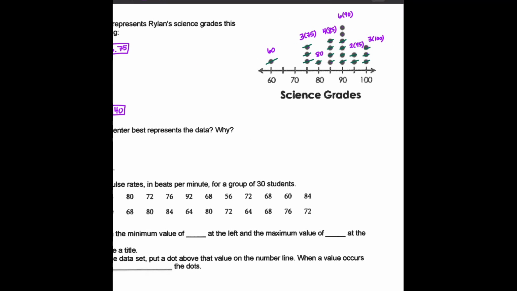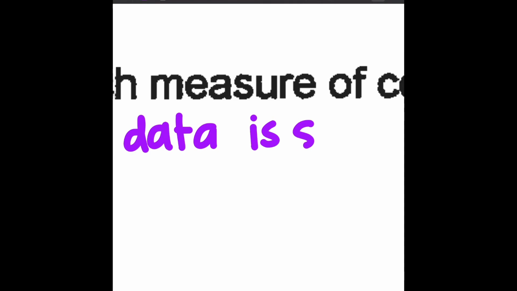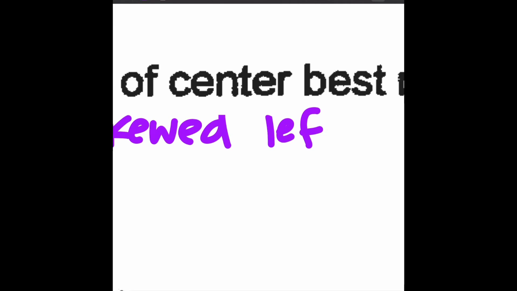Well, when I look at this data, notice how a lot of the data is over here on the right-hand side, right? Well, that means that the data is skewed left.